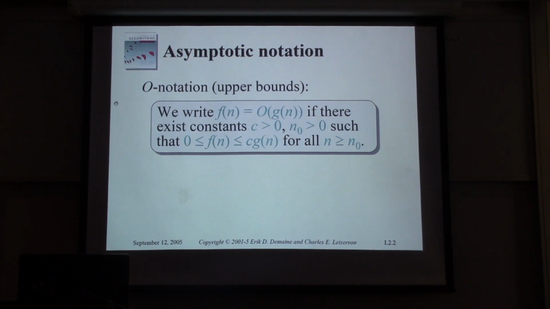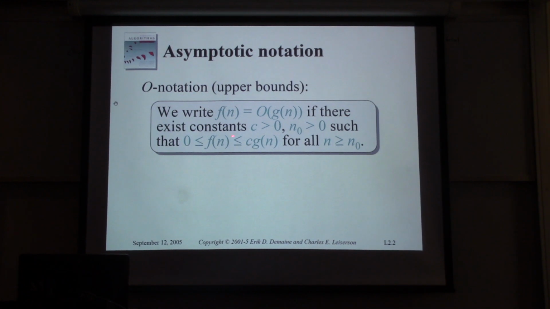But there's also another way of looking at it without limits: f of n is an element of the set big O of g of n if there exist constants c, a positive constant, and some starting value for n, we'll call it n naught, so that if n is bigger than this n naught, then f of n will be bounded by less than or equal to this constant times g of n for all values of n from n naught and onwards.